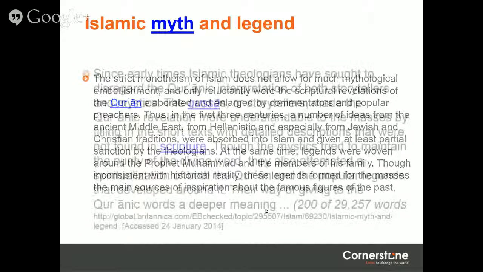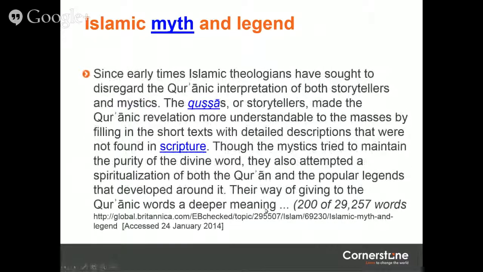But what I also want you to know is that Islamic theologians try to disregard these storytellers and mystics, who wanted to make the Quranic revelation more understandable to the masses by filling in the short texts with descriptions which were not found in scripture.